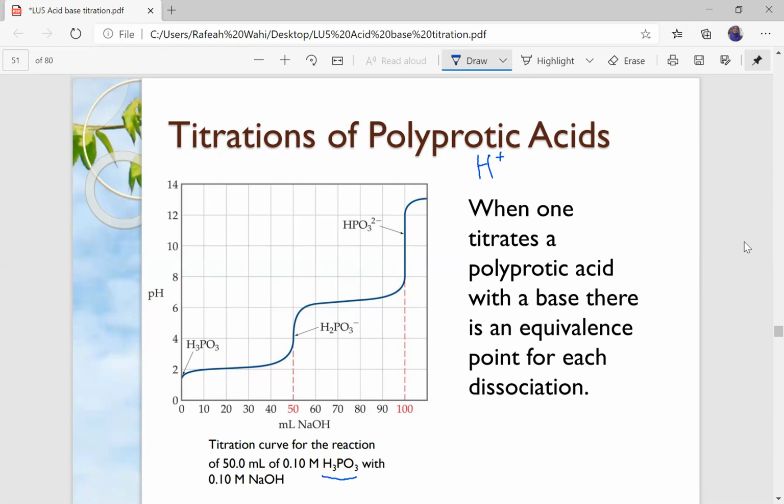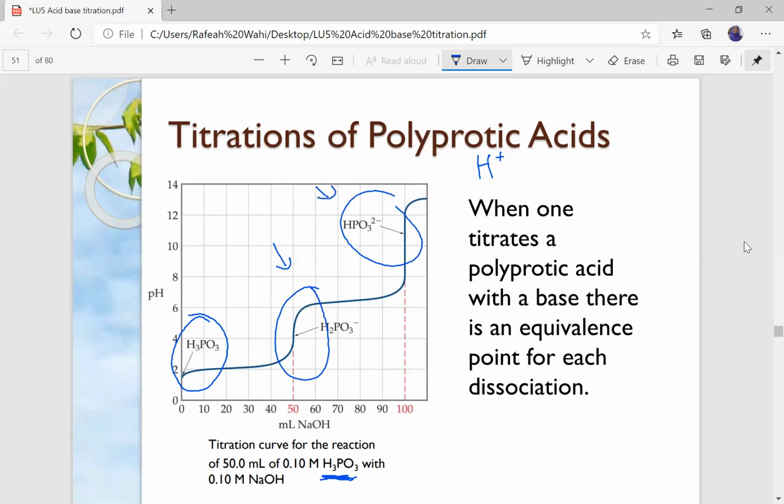So if we have 3 protons to be released during the titration process, there will be 3 equivalence points. What we see here is one equivalence point for the first proton here, the second one here, and the third one here.